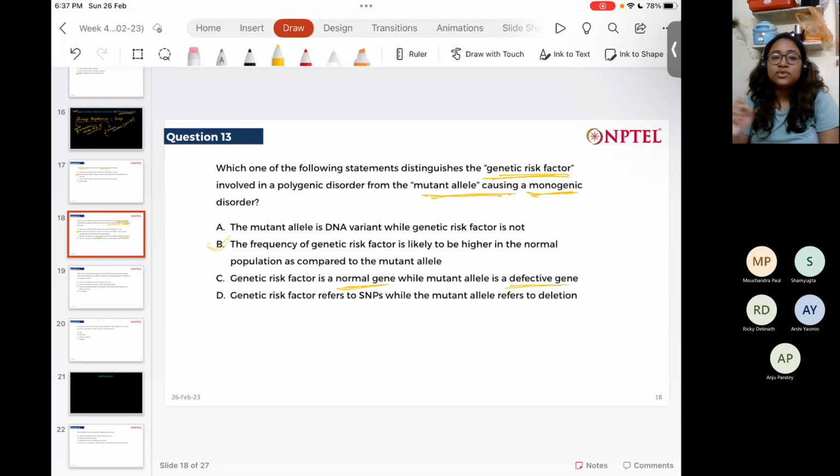and sometimes the risk factor doesn't have to be within the coding region. It can be elsewhere as well, if I'm not correct. Means it can be in a non-coding region as well. Let me check. Am I correct? Take a risk factor in a non-coding region.